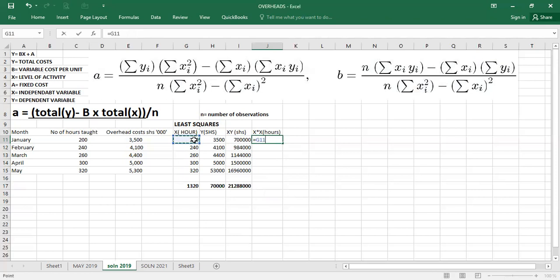This is our x. Multiply it with the same. It will give us that 40,000. Okay, we get this, the total.